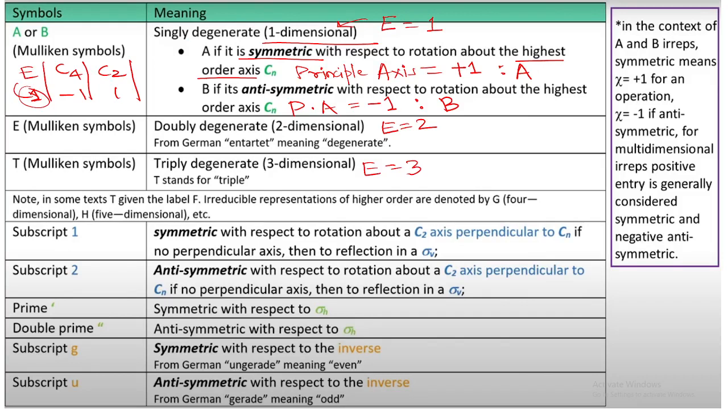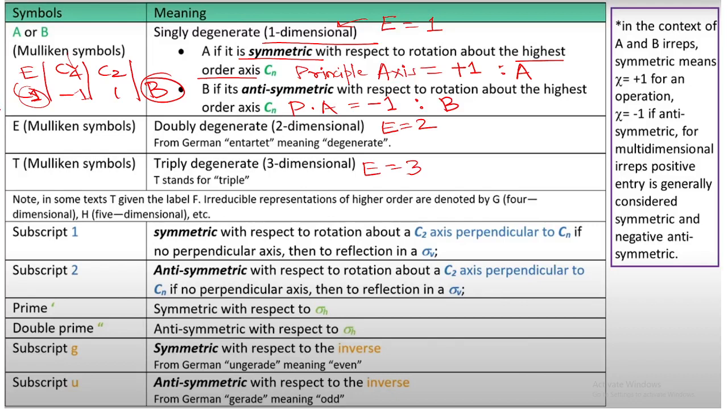It means the letter will be either A or B, and we decide which by looking at the principal axis. The principal axis will be C4, the highest order axis. In this example, C4 is minus 1, so the symbol will be B.